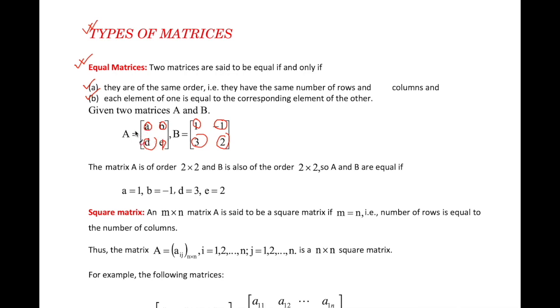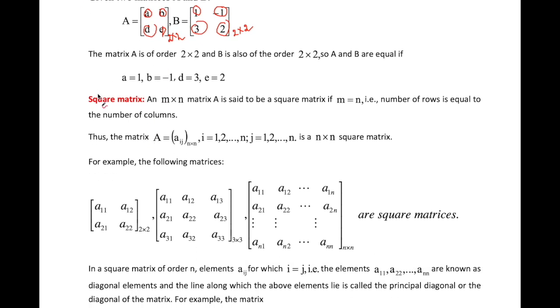And they are equal because they are of the same order. A is of order 2 by 2 and B is of order 2 by 2. Their corresponding entries will be equal when they are equal matrices.